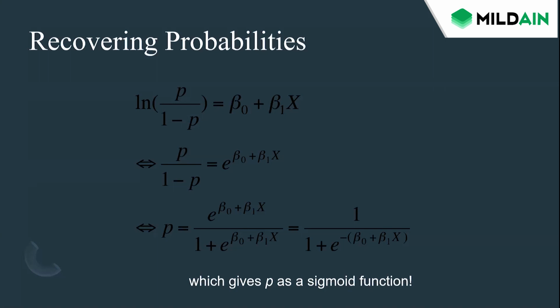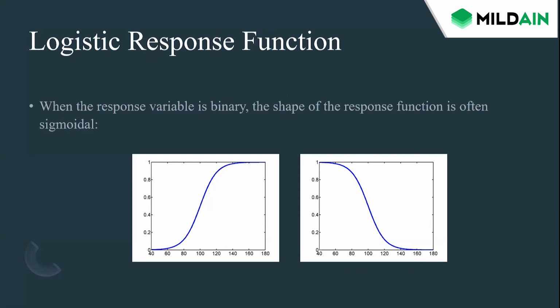Am I right? Converting, then e to the power, then p again. These are some derivations I did just to refresh you, which gives p as the sigmoid function. We call it a sigmoid function, and we have a sigmoid curve, that is an S curve.